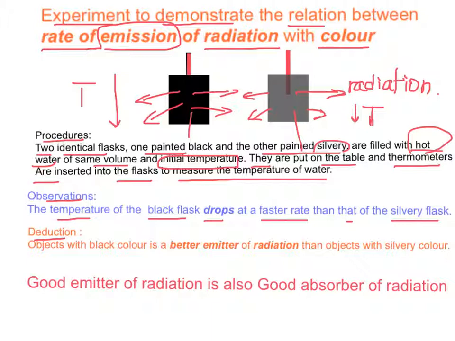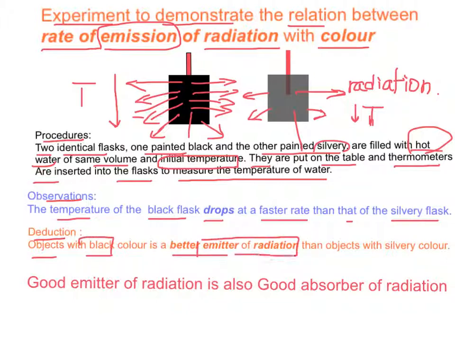Since the temperature of the black flask drops faster, more radiation is emitted from the black flask. Therefore, we can conclude that a black object is a better emitter of radiation than a silvery object.